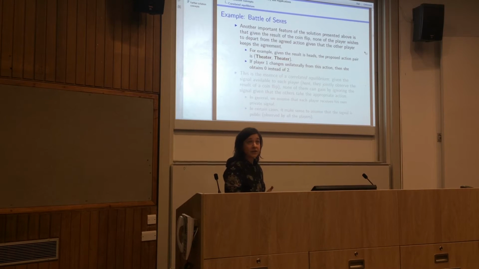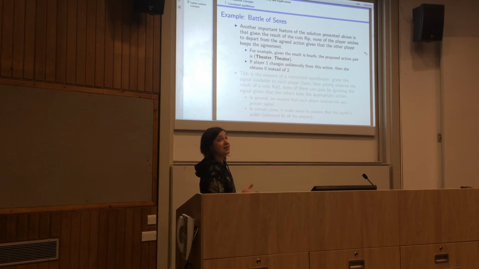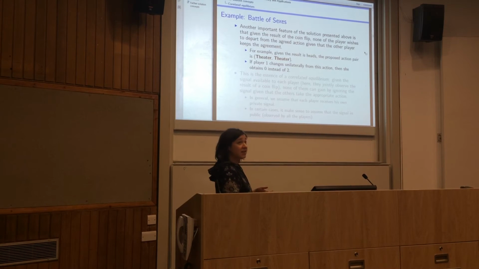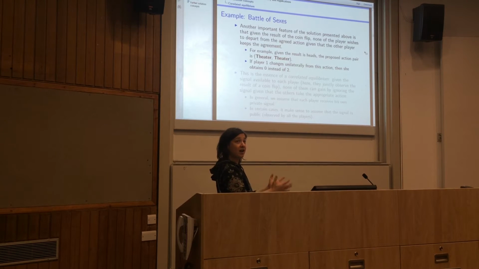So those correlated devices, the mediators, that's another name that you can read in the literature for them. The mediator communicates between the players and gives them advice on what strategy profile to play together jointly, which is pretty useful.